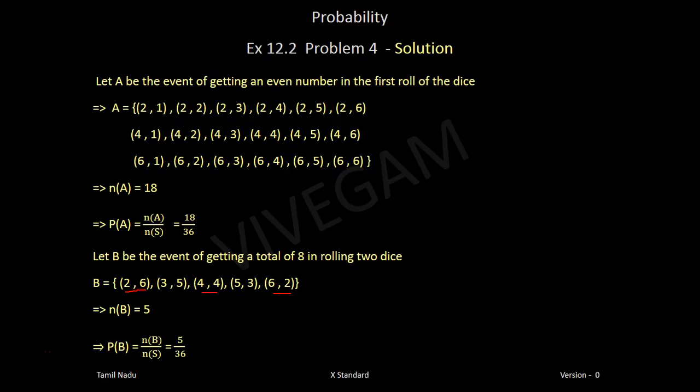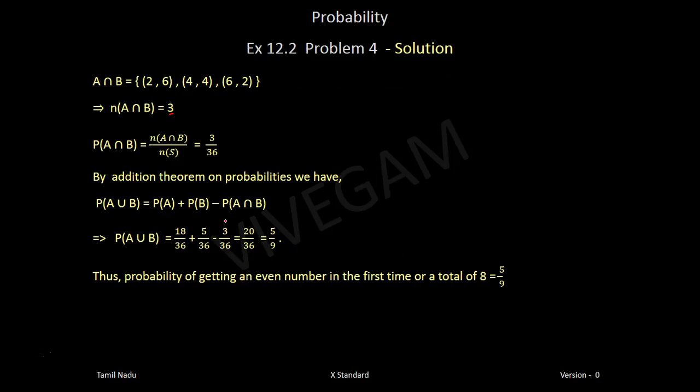And the probability of A intersection B we just calculated, 3 by 36. Substitute all these values. 36 is the LCM. 18 plus 5 is 23, 23 minus 3 is 20, so it's 20 by 36. 4 goes 5 times, 4 goes 9 times. So the probability of A or B, which is A union B, is equal to 5 by 9.